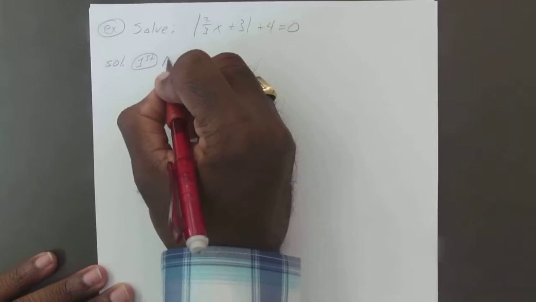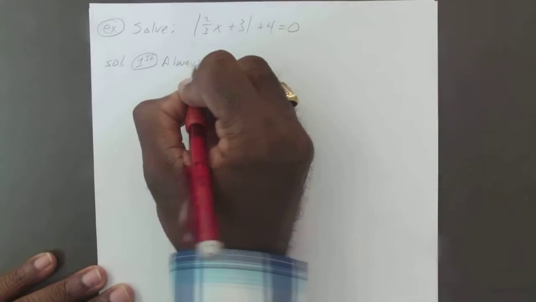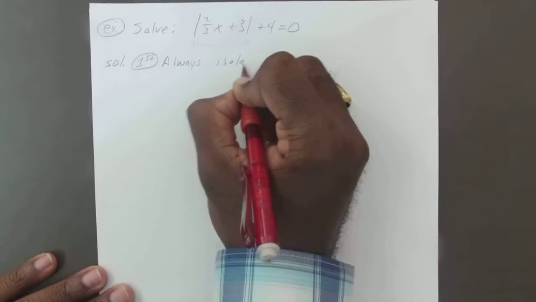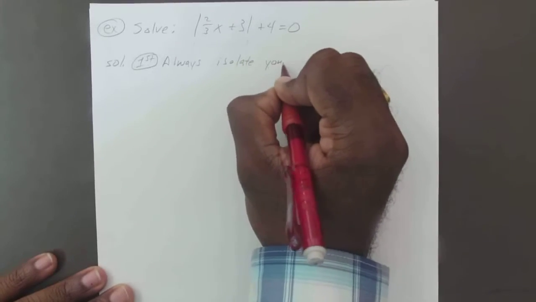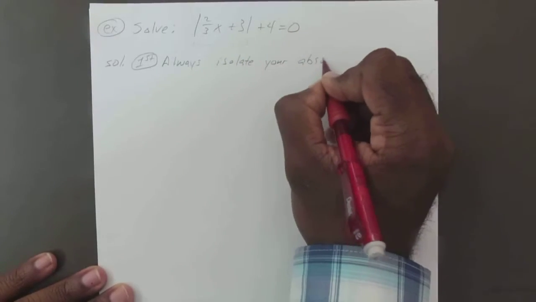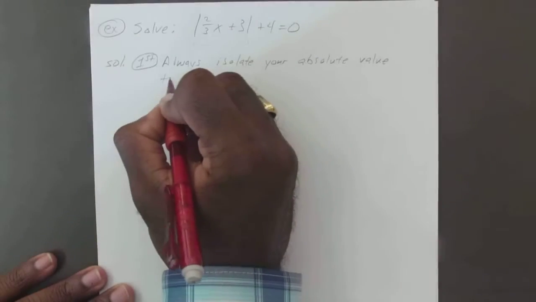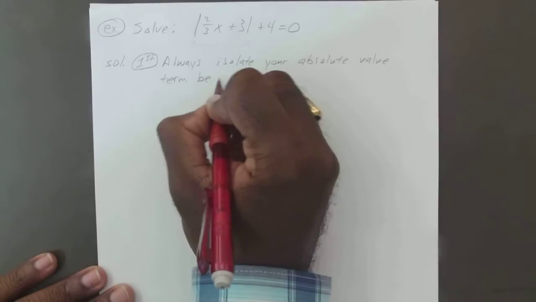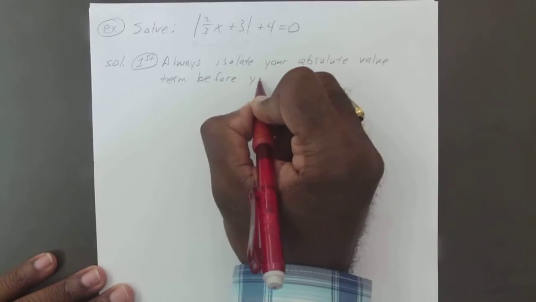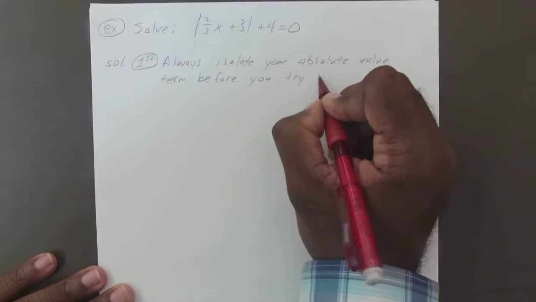So the first thing you do is always isolate your absolute value term before you try to solve it.